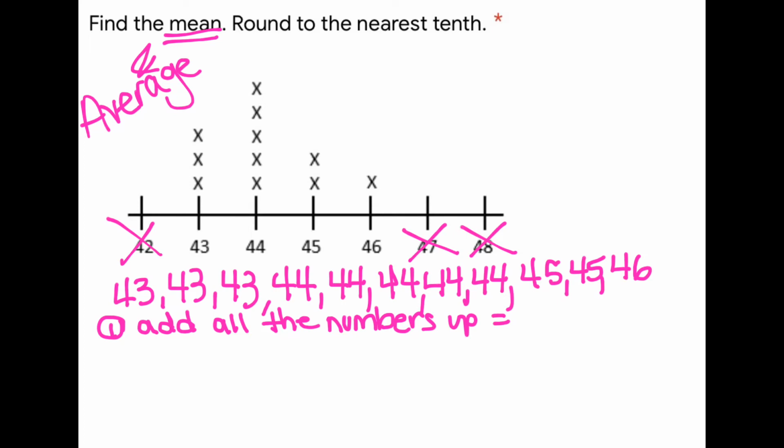When you add all of those numbers up, you should get 485.